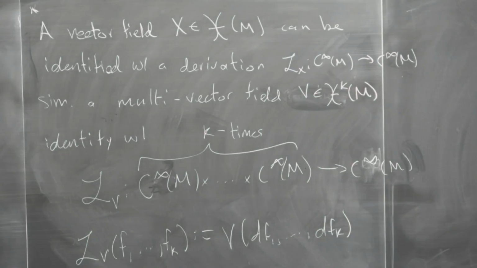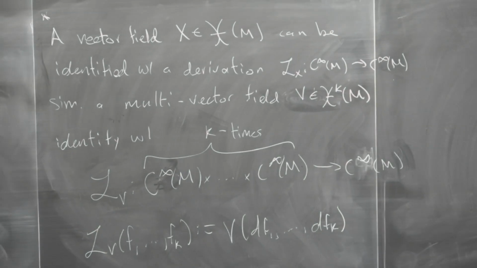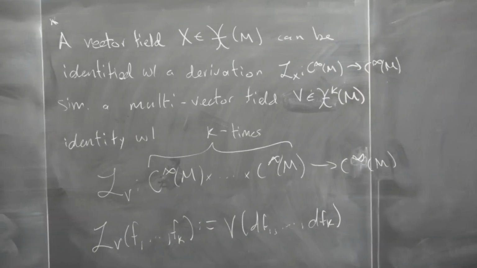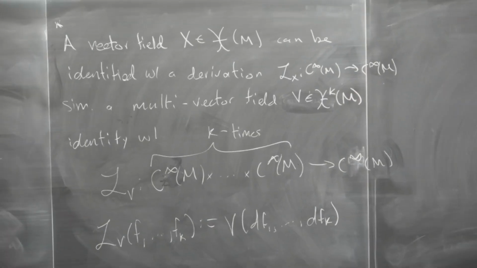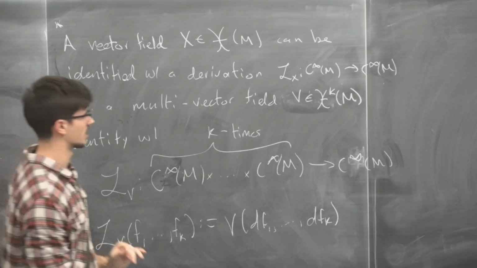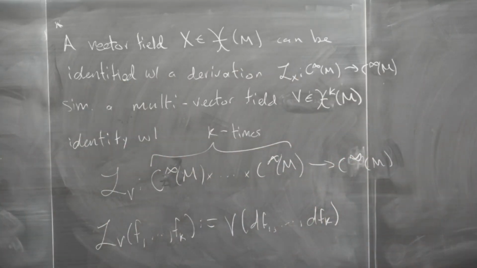And so, similarly to how we saw in smooth manifolds, vector fields are identified with derivations. So similarly, a multi-vector field is identified with, what do we call it, multi-derivations?